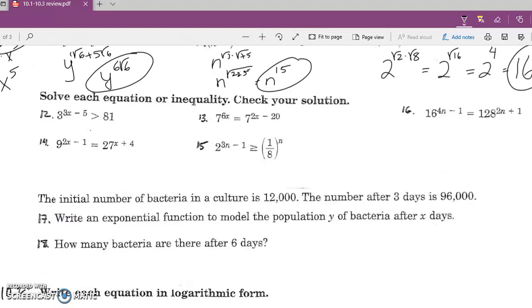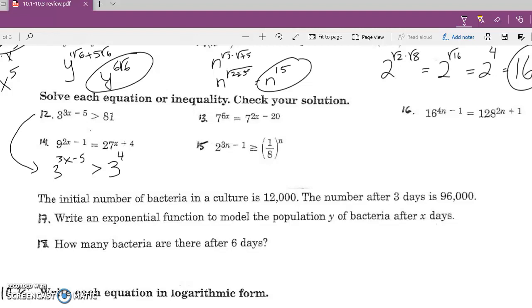Solve each equation and inequality. Check your solution. So on these, the key is to get the same number as your base on both sides. So number 12, for example, I would do 3 to the 3x minus 5 is greater than 3 to the 4th power.